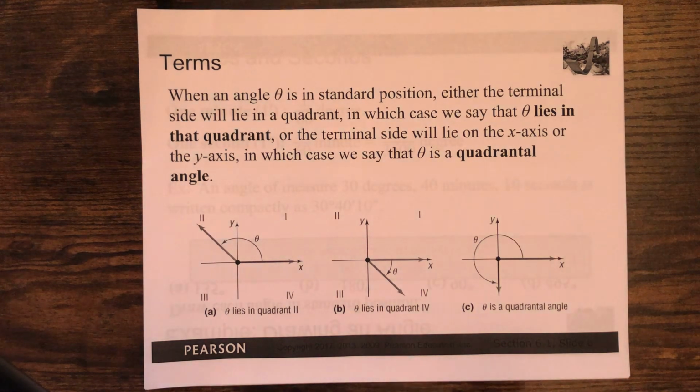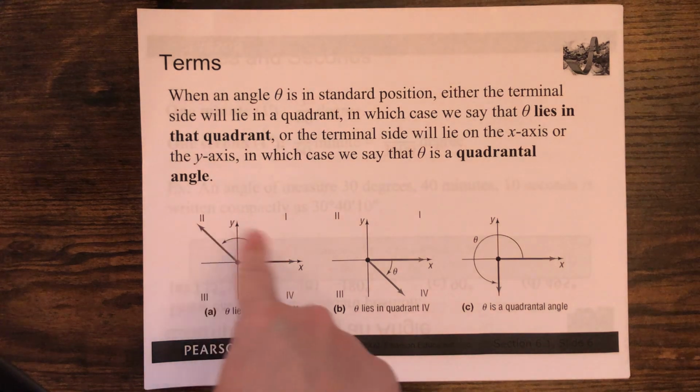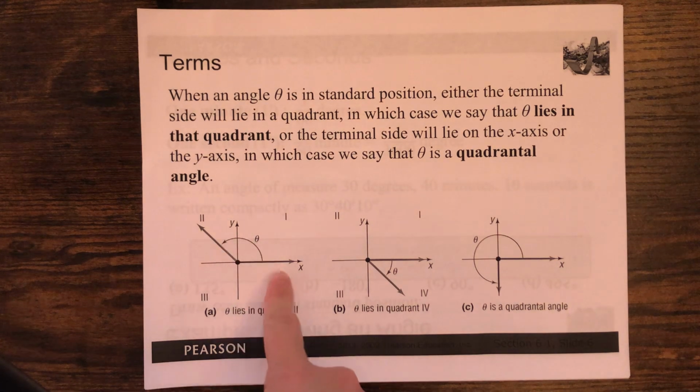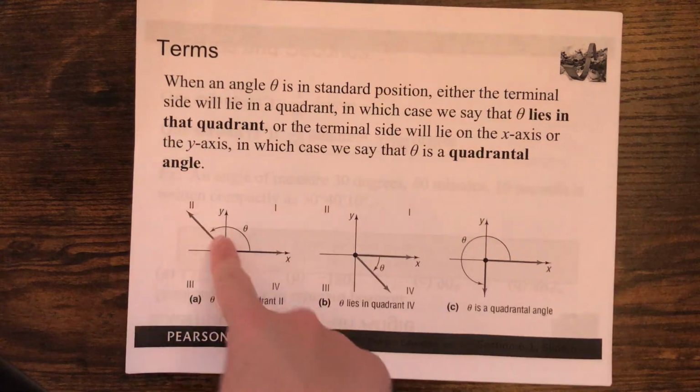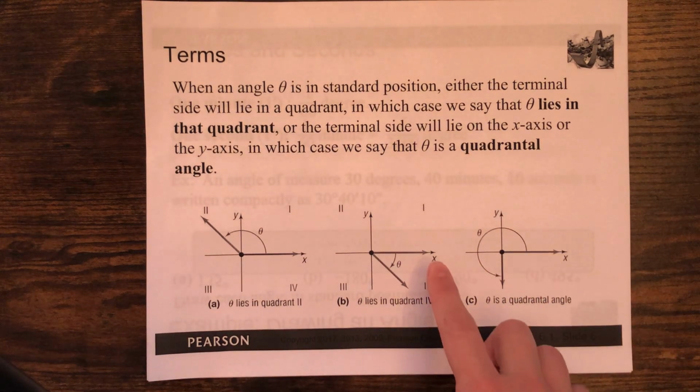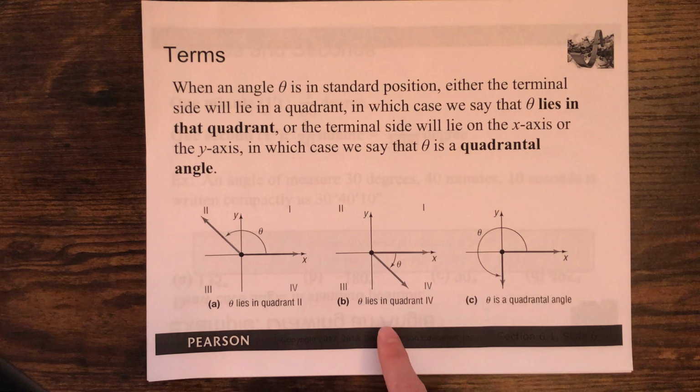When an angle is in standard position, either the terminal side will lie in a quadrant or it will lie on an axis, in which case we call it a quadrantal angle. These are just some examples for you to look at here. I would say that this angle lies in quadrant 2 because the terminal side of the angle opens up and lies in quadrant 2. This angle here lies in quadrant 4.